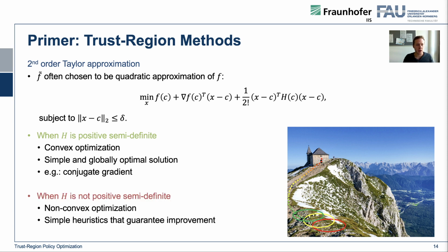If H is not positive semi-definite, you have a non-convex optimization problem where you can use simple heuristics that also guarantee improvement over the iterations of your optimization. What is positive semi-definite? In practice you need your Hessian matrix to be invertible, and this means that your eigenvalues are all real and positive.